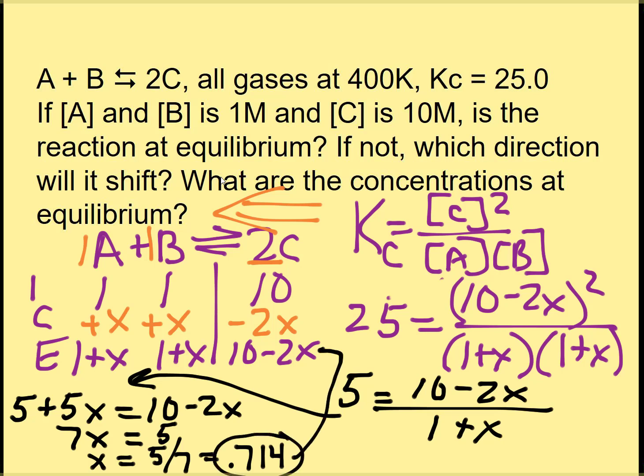So I'm going to put it into this line right here. So I'm going to have a 1.714 here and 1.714 here. And this one's going to be 8.57. Okay. Let's just double check and see if it's correct.